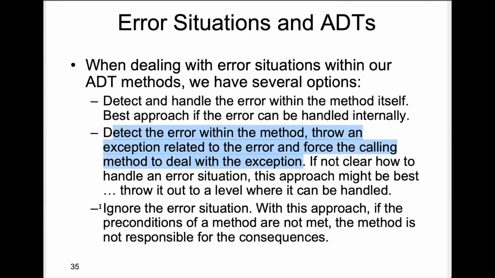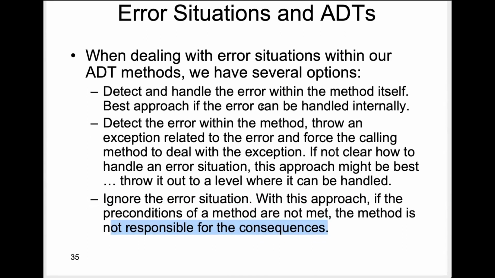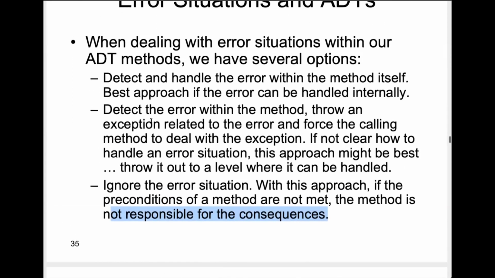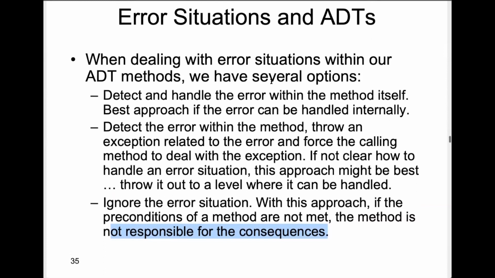Or you can see that at some point the entire error condition is completely ignored. With this approach, the preconditions of a method are not met, the method is not responsible for the consequences, and things like that. So we're going to run into these various different situations throughout the semester. If you have specific questions about these things, you can ask them, but it should be pretty straightforward in my opinion.